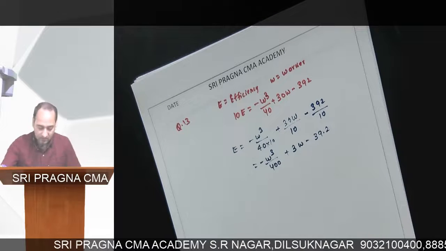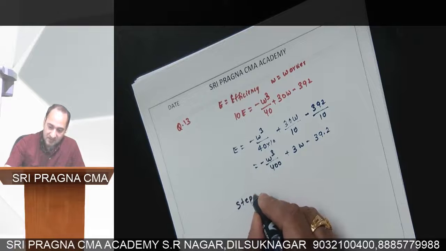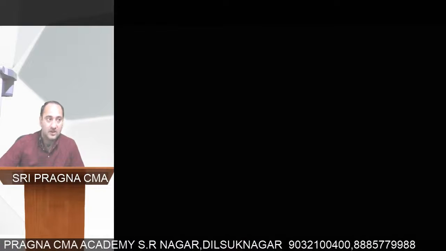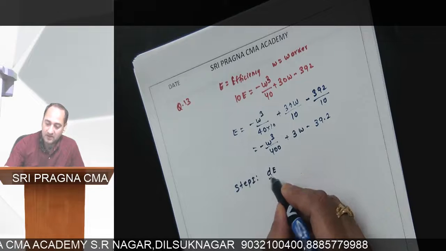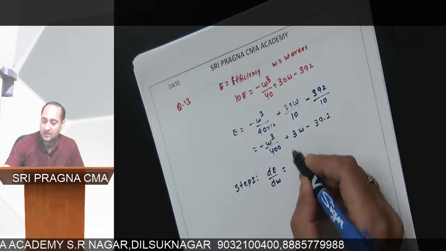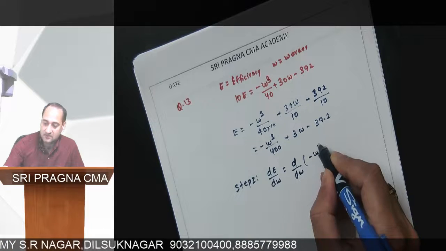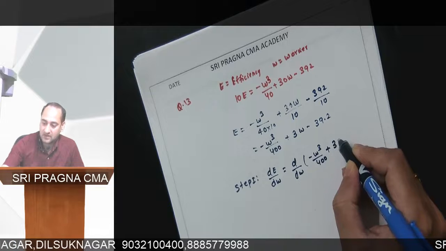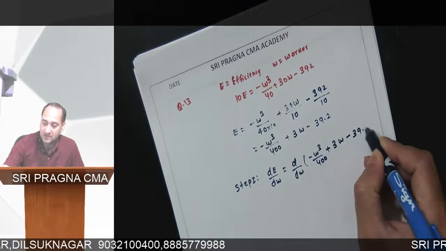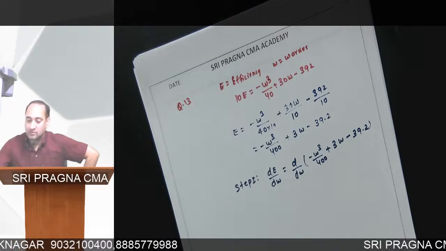Now step number 1: we have to do the differentiation. So dE by dW is d by dW of minus W cube by 400 plus 3W minus 39.2.